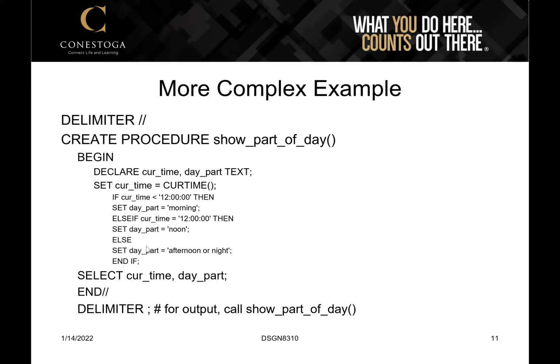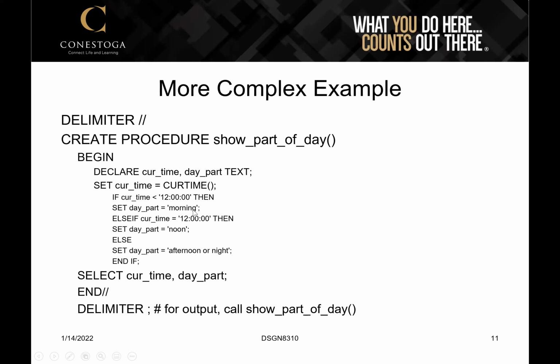Now you are declaring variables like current time and another, day part text. SET current time is current time. So see, in this procedure, you are actually calling a built-in function, right? Current time equal to CURTIME, and you can see the built-in function there. Now, if current time is less than 12, then set day part to morning.